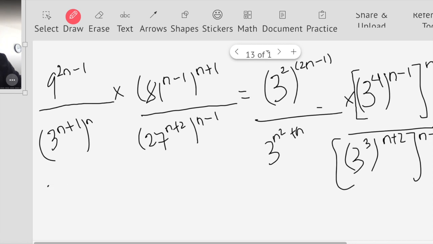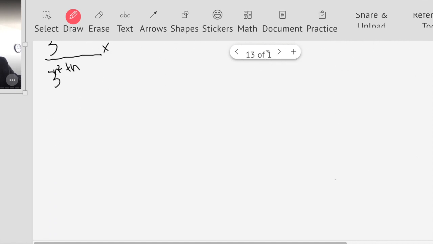So let's see, we get 3 to the 4n minus 2, 2 times 2n, 4n minus 2, divided by, again, still 3 to the n squared plus n, times 4 times n minus 1 times n plus 1.